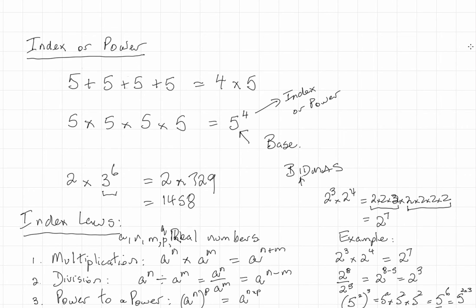An index or power is a shorthand way of writing the same number multiplied by itself many times. We have a bit of terminology here. The number that's raised is called the index or the power, 2 words, doesn't matter which one you use, and the number that is repeated in the multiplication is the base.